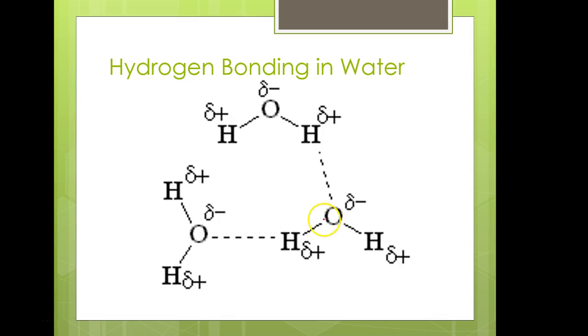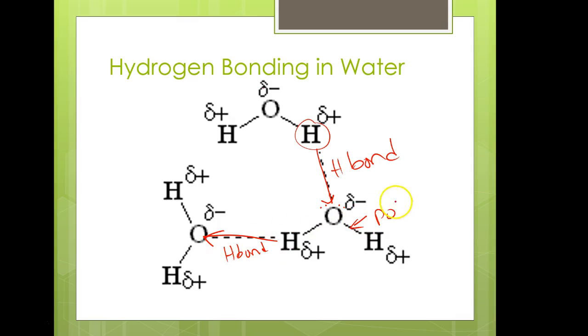So, water is the perfect example. Okay, I've got the negative end, the positive end. I've got the negative end and the positive end. When this hydrogen atom gets very close to those lone pairs, this is a hydrogen bond. This hydrogen getting very close to those lone pairs is a hydrogen bond.